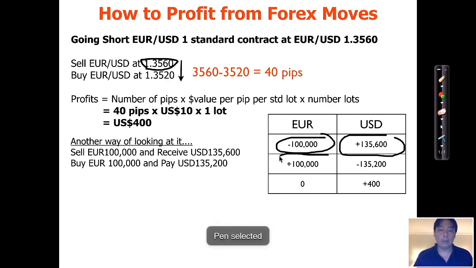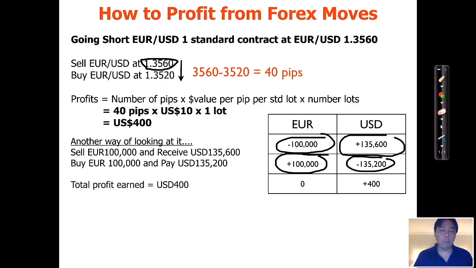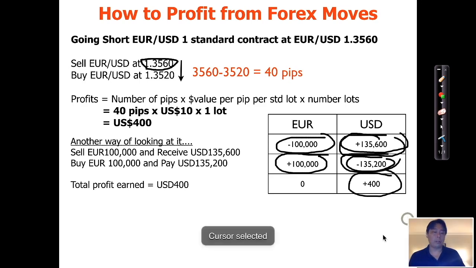So we bought 100,000 euros and paid this amount, of which we had this amount already. So the total profit earned will be the difference between this and this, 400 bucks. All right, so we made $400.